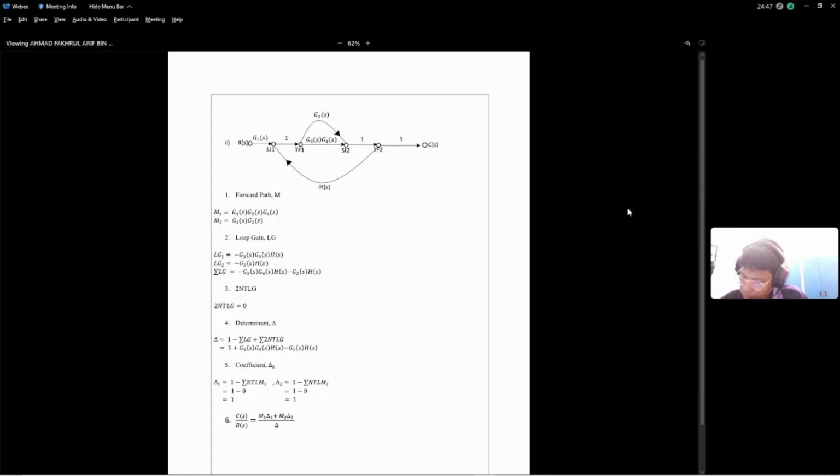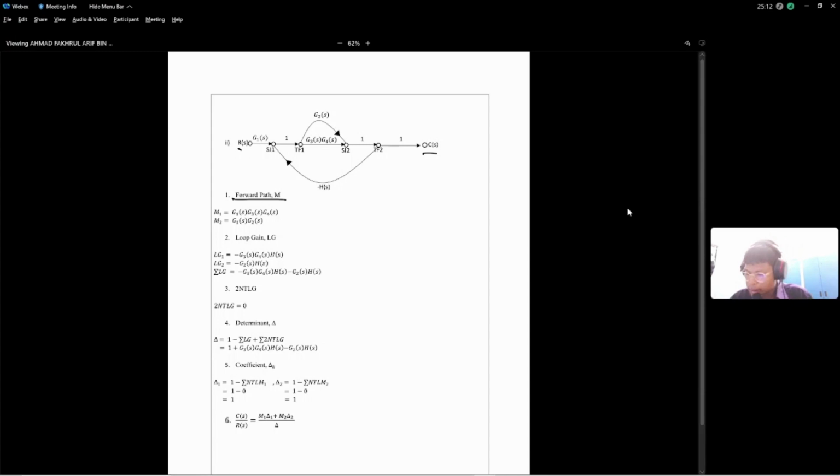I already wrote the solution, and then we just go through it. First thing we need to do is find the forward path. How do we find a forward path? A forward path is a straight path from R(s) to C(s).